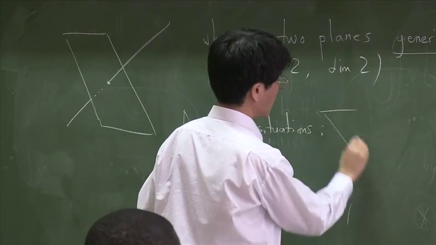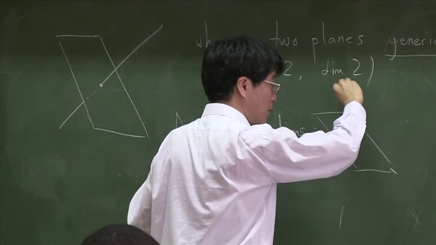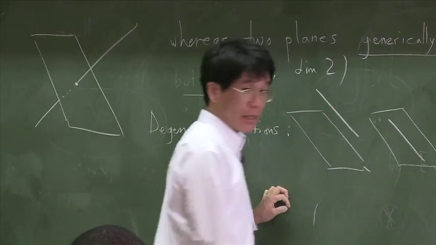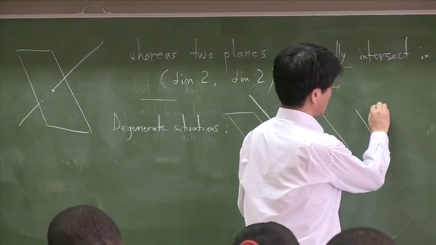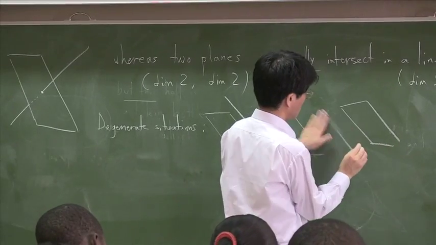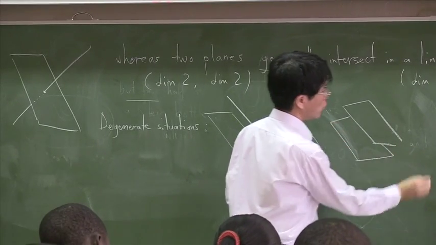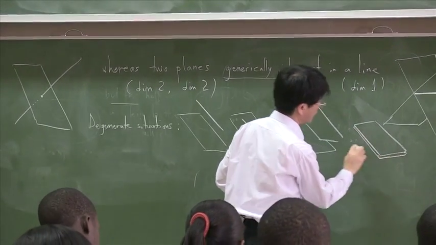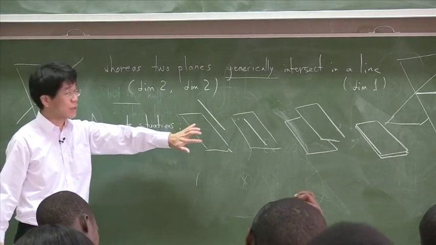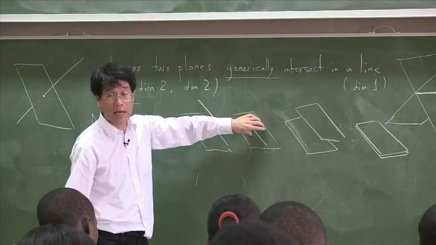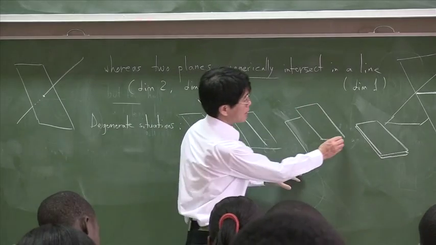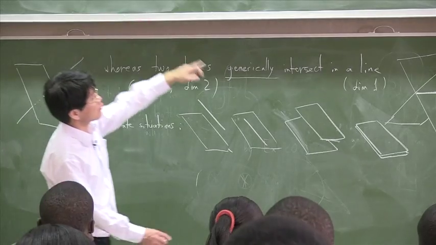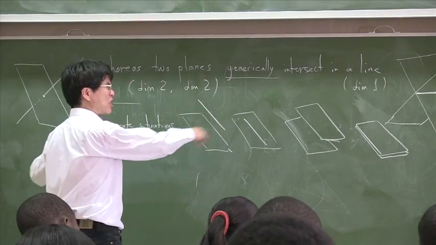You can have a plane and a line which are parallel to each other, or a line which is inside a plane, or two planes that are parallel to each other, or two planes that coincide, just exactly on top of each other. In that case, the intersection is empty, or the intersection is just a line, or the intersection is the plane itself. So in all those cases, you don't have the conclusions that we have, but those are degenerate cases.